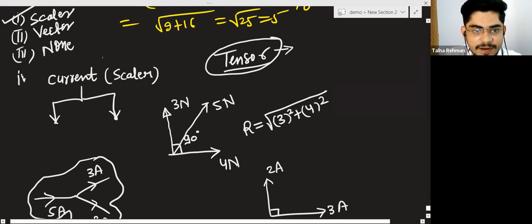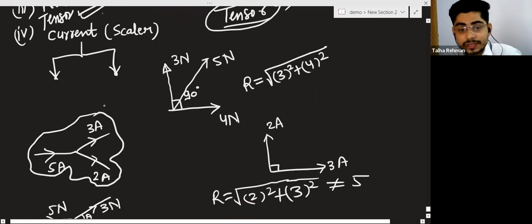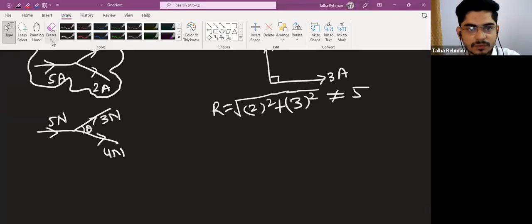But if someone adds tensor, then that will be more correct. Tensor. But this is not part of your syllabus. So this is the reason why the current does not follow the vector law. We will see in the chapter that the current will divide like this, but we cannot divide forces like this. So that's fine. Our next topic is drift velocity.